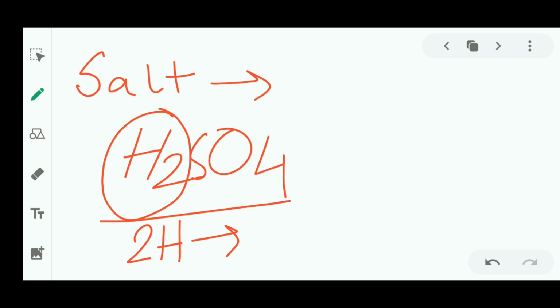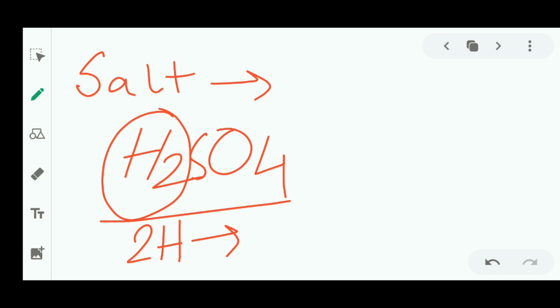According to the Arrhenius concept, acids are hydrogen containing compounds. So when this hydrogen from an acid is partially or fully replaced by a metal atom or a cation, then the compound so formed is known as salt.